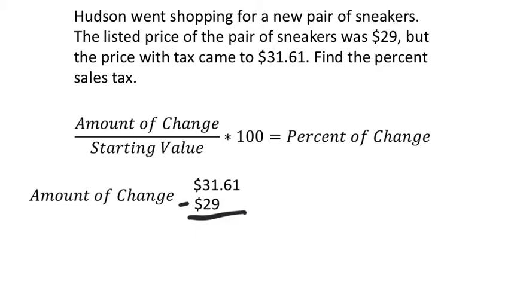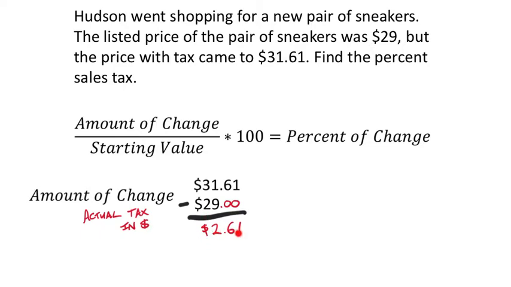If you need the decimals there, then keep them. But you should be able to subtract this either way and get $2.61. Now the amount of change in this case is the actual tax in dollars.